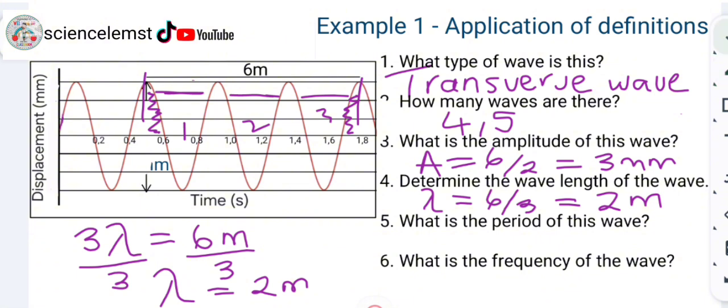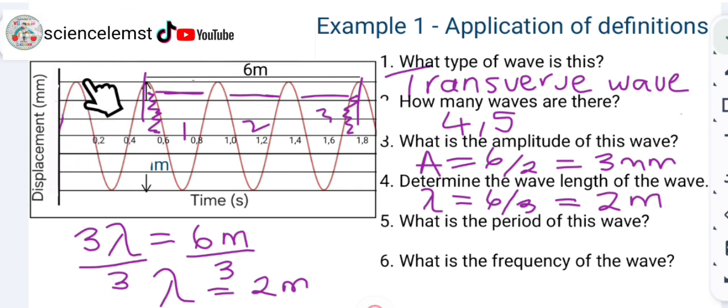Number 5, what is the period of the wave? So period, remember, it is what? It is the time taken for one complete wave to pass a fixed point. And remember, one wave is made up of a crest and a trough, a succession of pulses, a crest and a trough. So if I look at this, that gives me one complete wave.